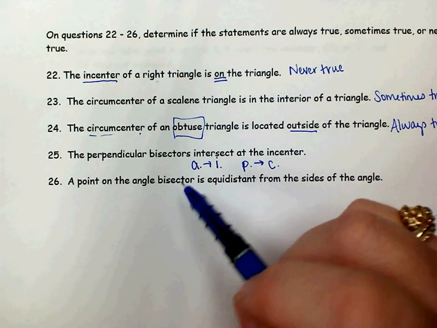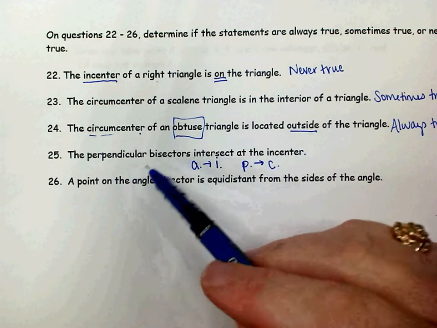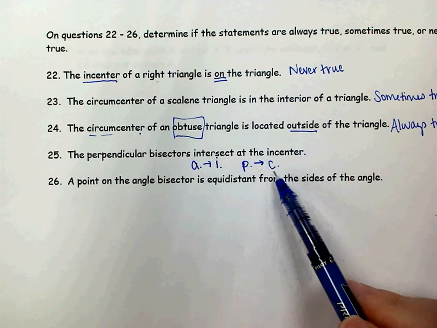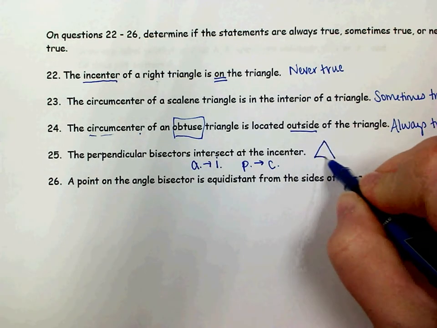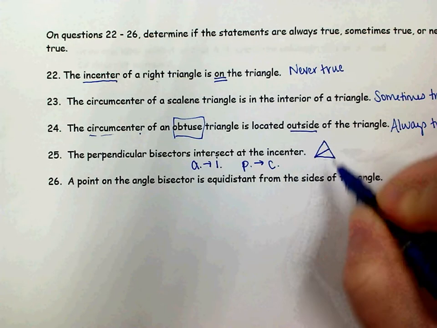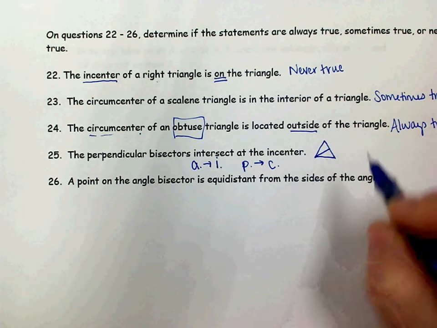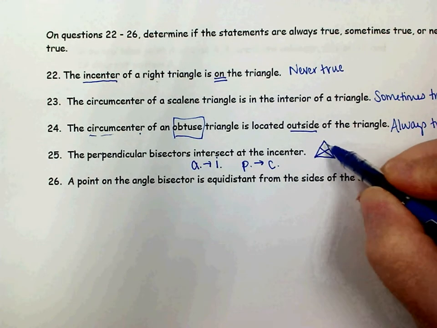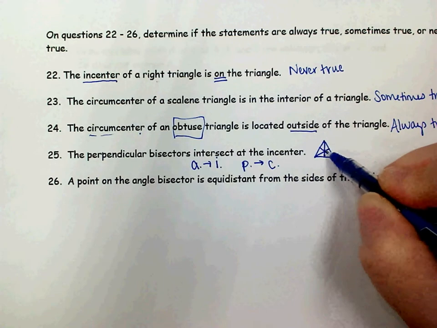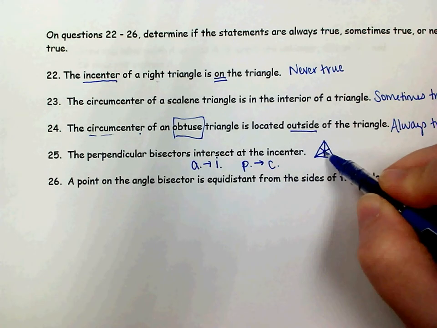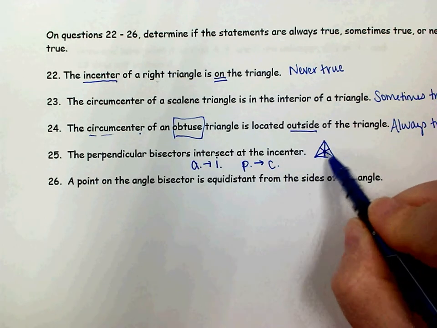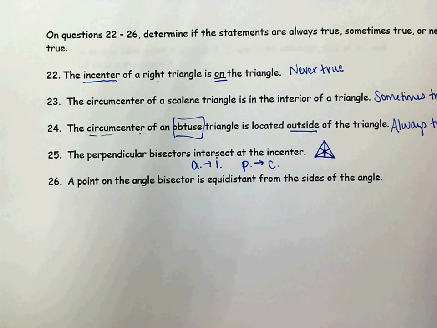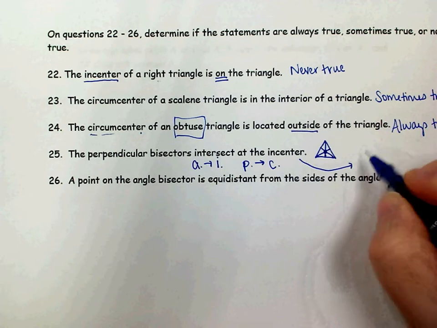But this one's tricky, because when you have an equilateral triangle, the perpendicular bisector and the angle bisector are the exact same segment for all three angles. So where the perpendicular bisectors intersect is also the incenter, because it's where the angle bisectors are intersecting as well. So I'm actually going to put for this one sometimes true.